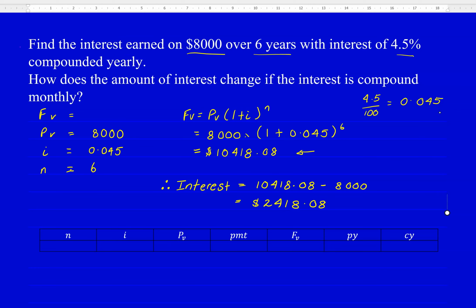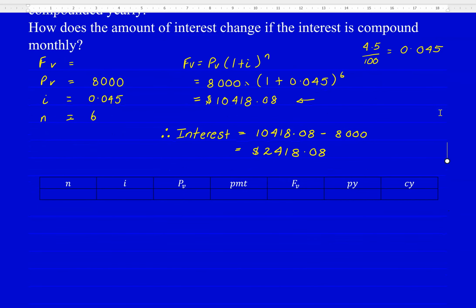Now, if the question says use the formula, that's what you have to do. If it doesn't say you have to use your formula and you can use your calculator, well, away we go. N is going to be 6 times the number of times it compounds, so for us, it's still 1. Interest: be careful here, because when we use the calculator, we do not have to divide by anything.